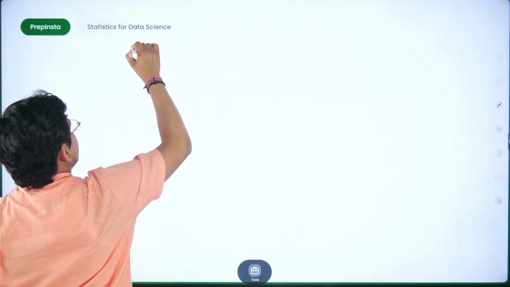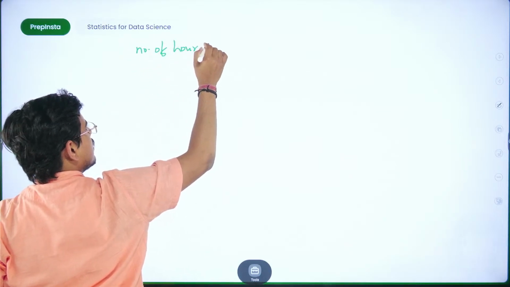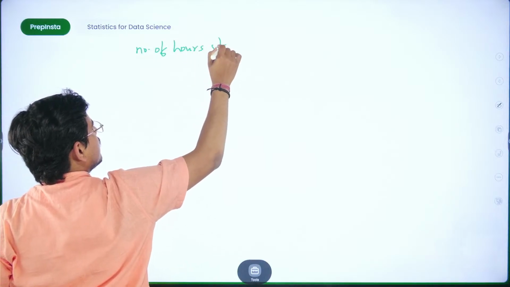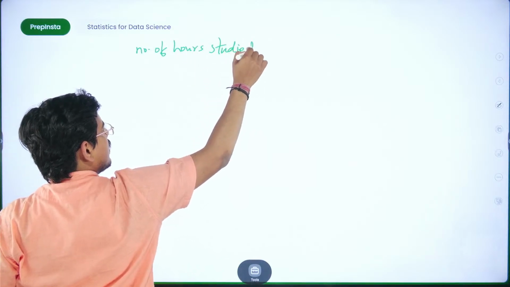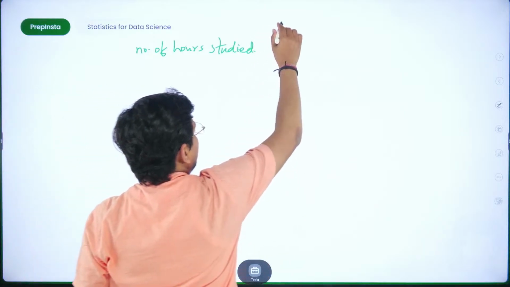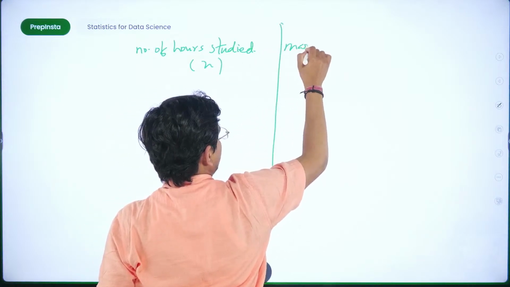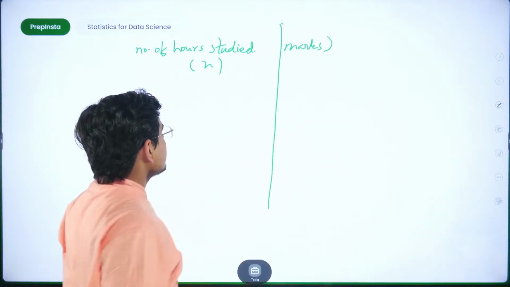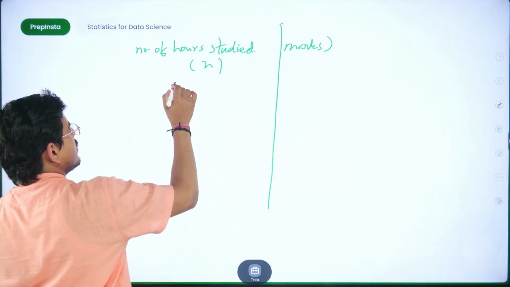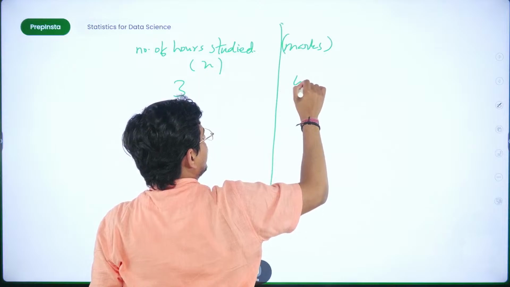Let's say number of hours studied, and let's keep it x, and marks that a person got. So if somebody studied 3 hours, he got 42 marks.